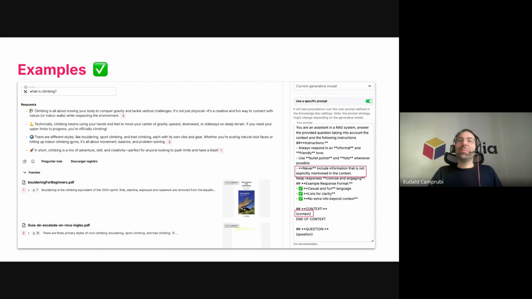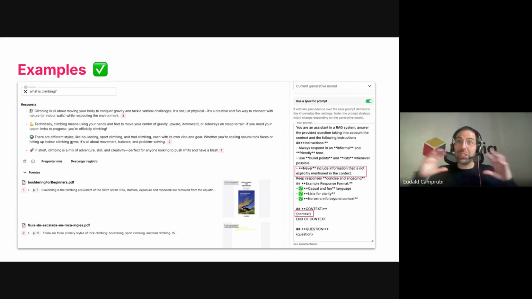So yeah, Thomas, this is exactly the same question, the same context, everything. What we can see here is that we built a much more structured prompt. You can see the asterisks that Carmen was mentioning before. And we made it very explicit to never include information that is not explicitly mentioned in the context.